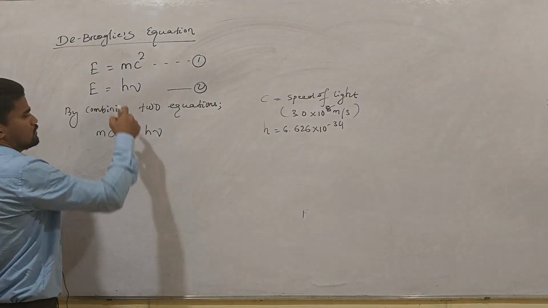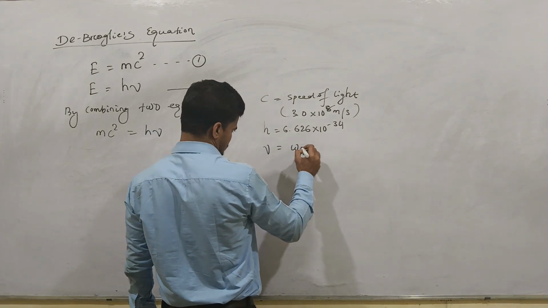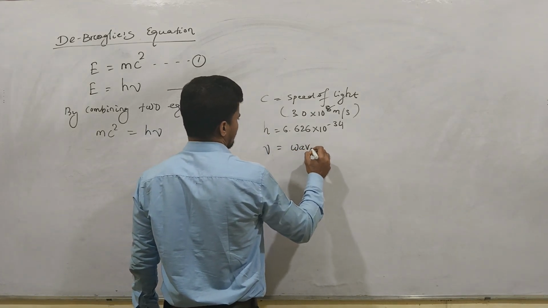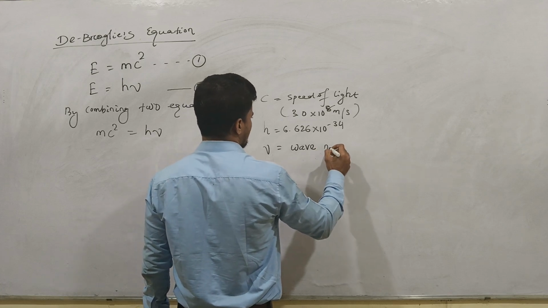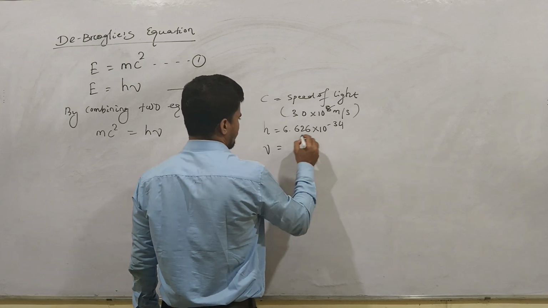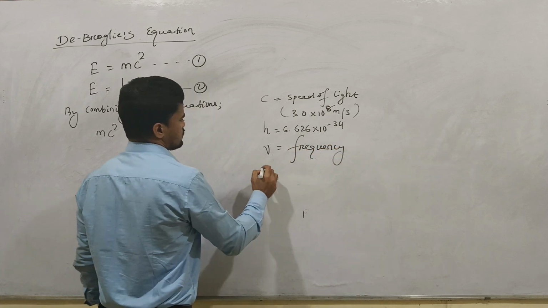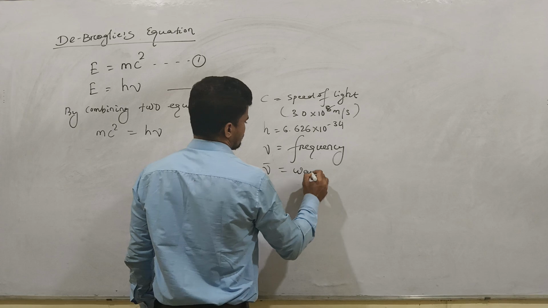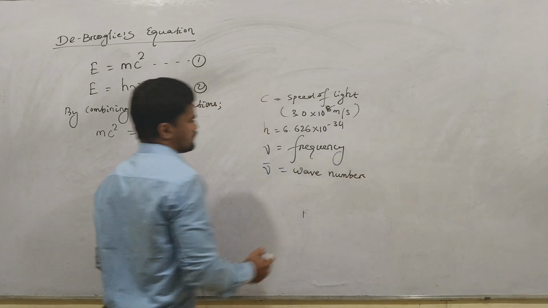And nu is the frequency, while nu bar is the wave number.